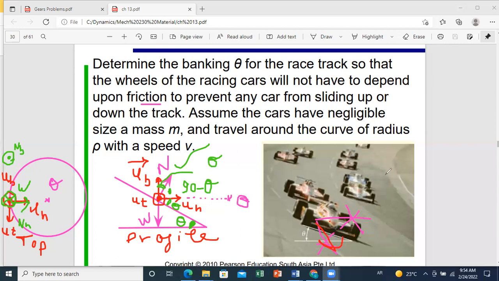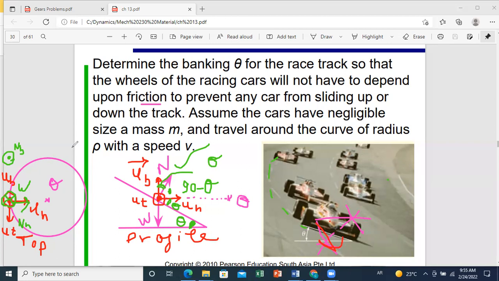Since it's a Formula 1 race, when you watch Formula 1, if you pay attention, the cars will move along these dashed lines. And these dashed lines are of circular form. So if you take the camera from the top, you will see a horizontal circle. So your plane of motion is a horizontal circle.